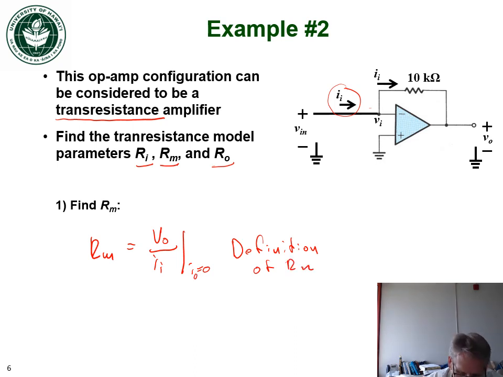We can say that V out is equal to minus I1 R. So V out divided by I in is equal to minus R, and that's equal to Rm. So Rm is just equal to minus 10 k ohms.